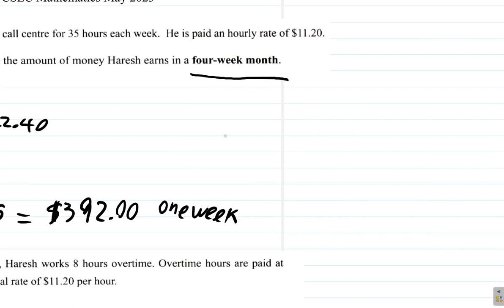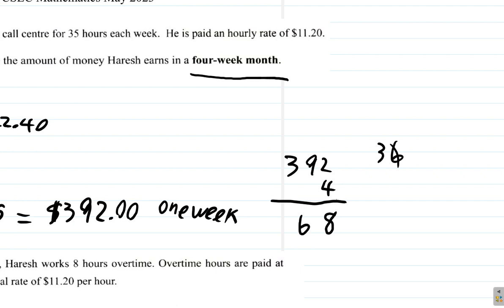So this is going to be 392 multiplied by 4 for the whole month. We could use our calculator, but let's multiply it by hand. 4 2s, 8. 4 9s, 36.